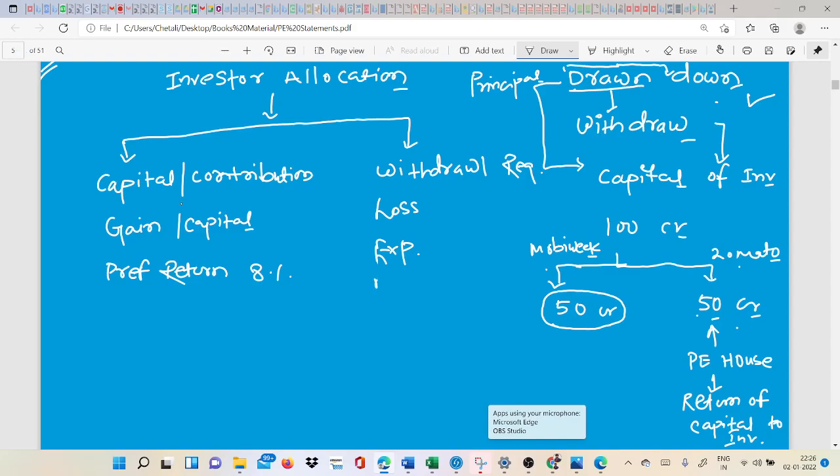Expenditures in terms of management fees, correct? Which is 2%, or up to 2%. Then incentive fees up to 20%, and other fees.